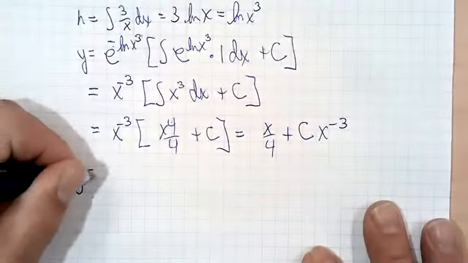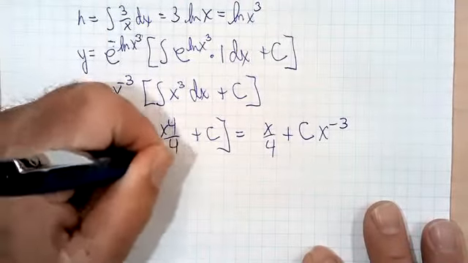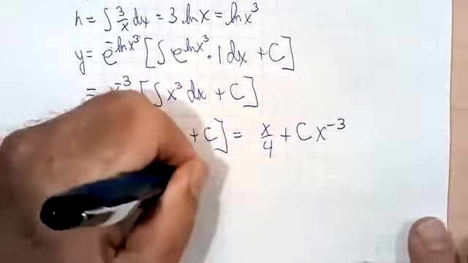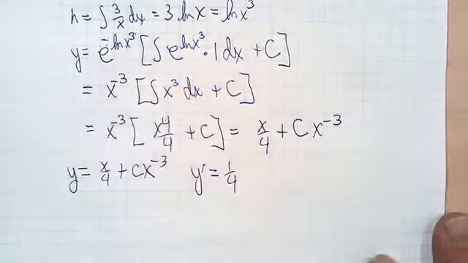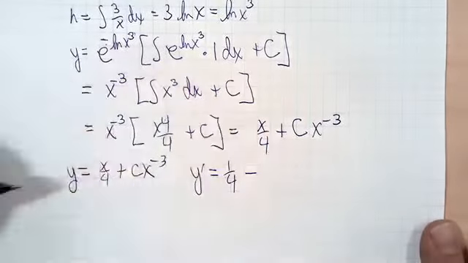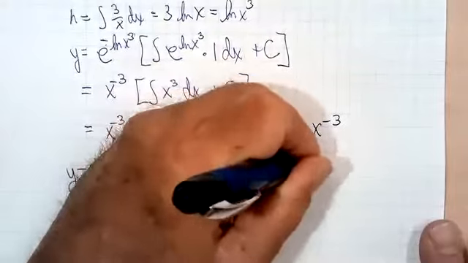So y equals x over 4 plus c x to the minus 3, y prime equals 1/4 minus 3c x to the minus 4.